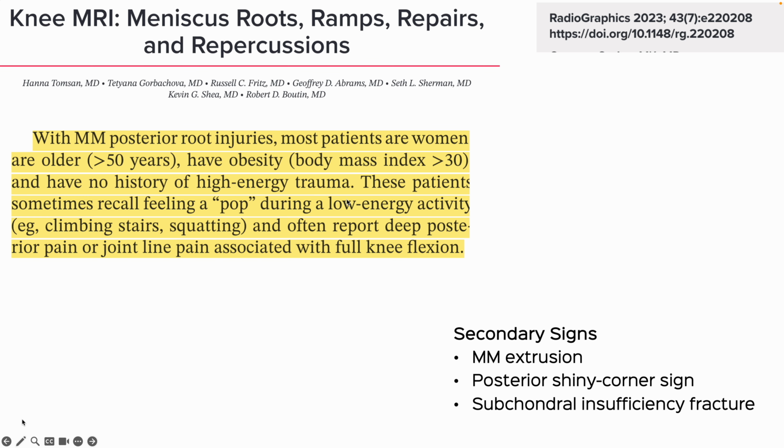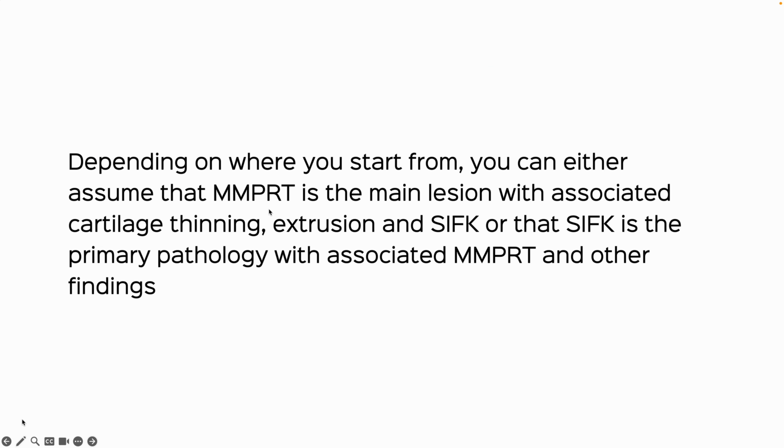And then if you look at articles that talk about meniscal root tears, and this is from 2023, they will say that the secondary signs are extrusion, subchondral insufficiency fracture, and then here is the phenotype: greater than 50 years old, usually women, no history of high energy trauma.